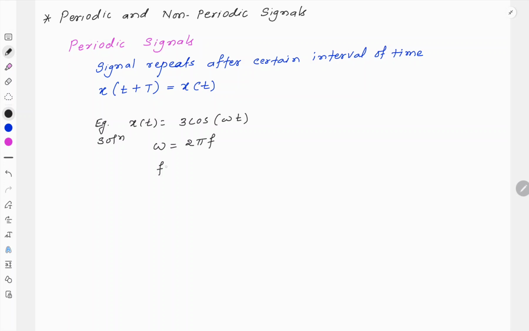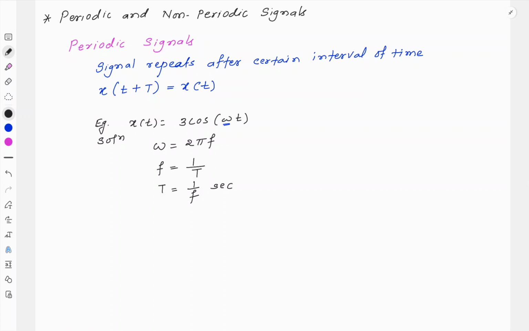From this equation we get the value of omega, from omega we can find f, and the time period T will be 1 by f. So this will be our time period after which our signal repeats, and it is represented in seconds.